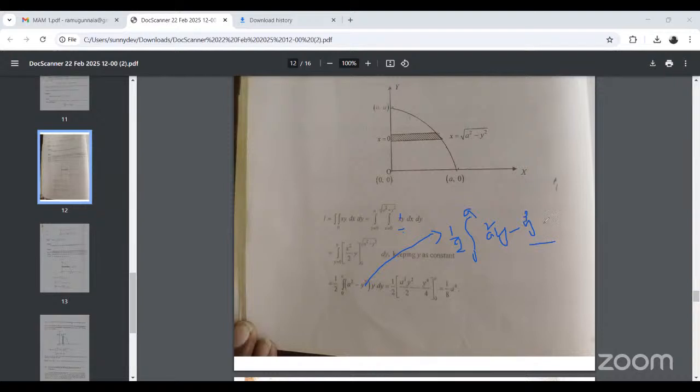From here you can see 1 by 2, integral from 0 to a of a square y minus y cube, dy. That becomes a square y square by 2 minus y power of 4 by 4. Now you should apply the limits 0 to a.